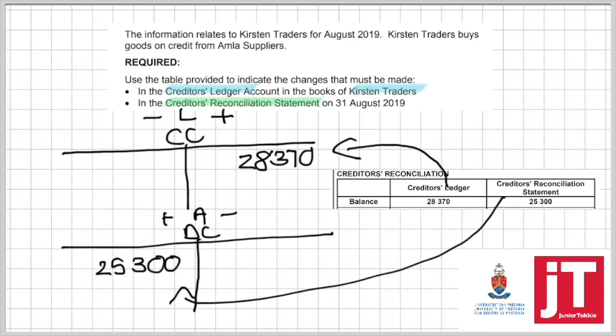So clearly, there's a difference. Now we need to reconcile. Very important: we are buying from AMLA suppliers and they are selling to us, Kirsten Traders. This is important to understand moving forward.